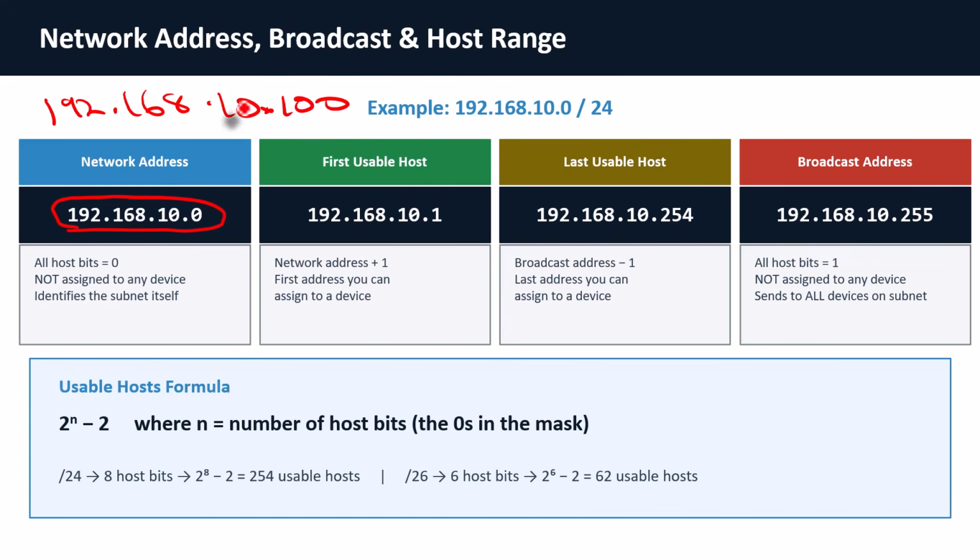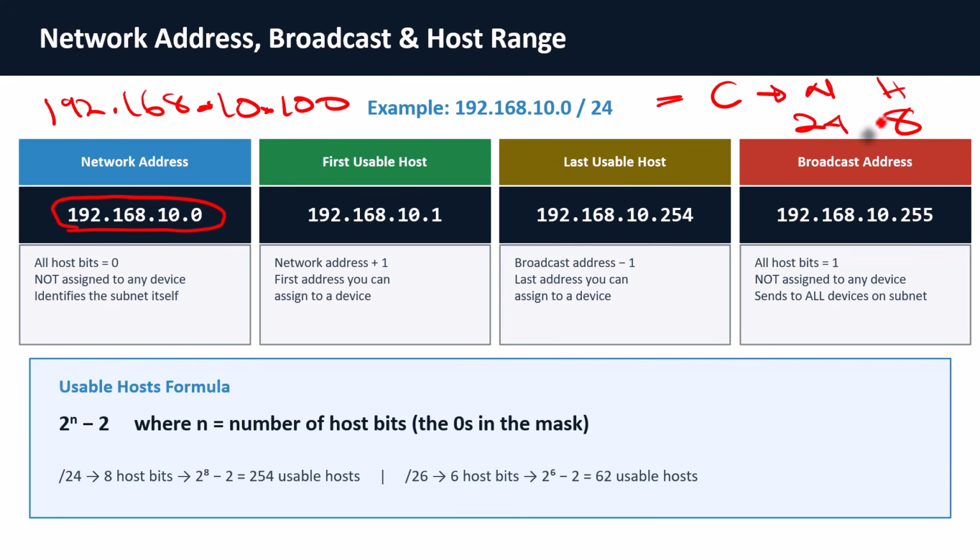Now, when you look at this IP address, you first ask yourself, which class does this particular IP address belong to? It belongs to, you got it correct, class C. And if it belongs to class C, it means the network bits are how many? The network bits are 24. And the host bits are how many?